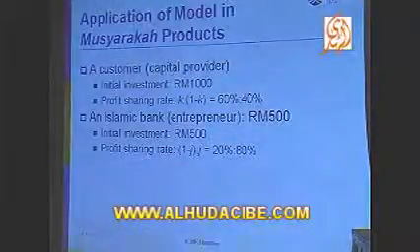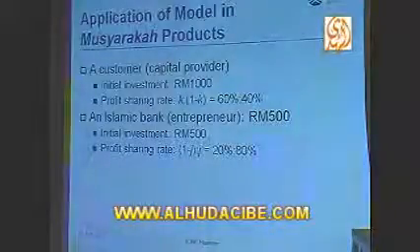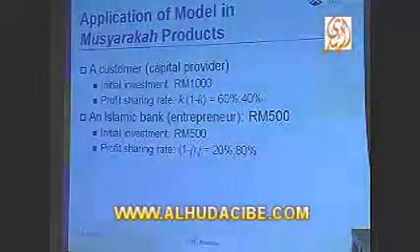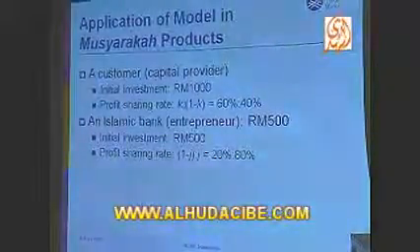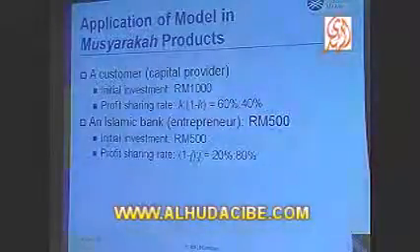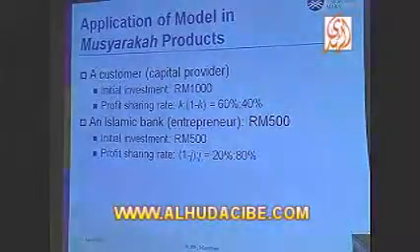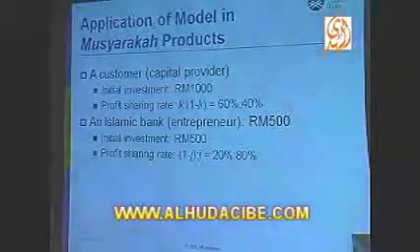And the bank, as the entrepreneur, put in less money. For example, $500. Whatever profit is gained from that $500 capital will be shared 20% and 80%. The 80% of profit will be taken for the bank and 20% for the partner.